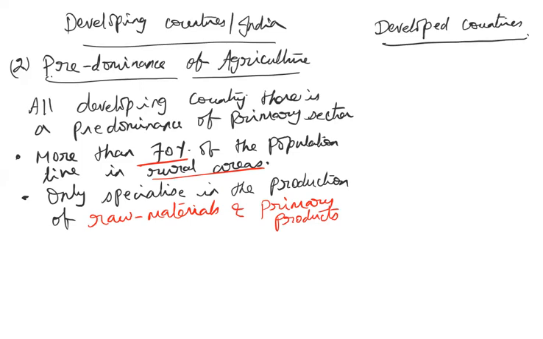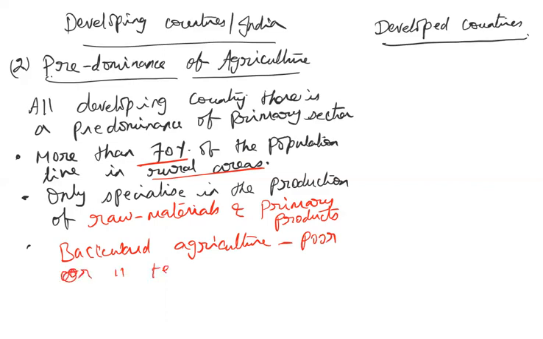And then what about the agriculture? Even though they are depending on agriculture, agriculture is not developed here. So you have backward agriculture due to, as we have already seen, poor or backward techniques of cultivation, and also being mostly dependent on rainfall.